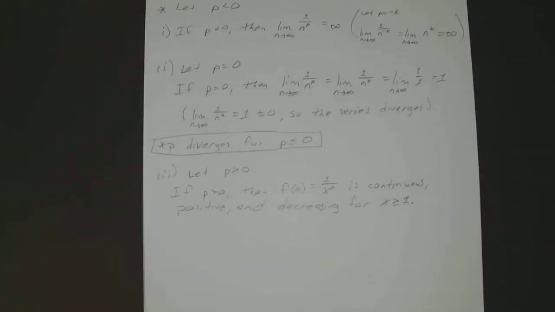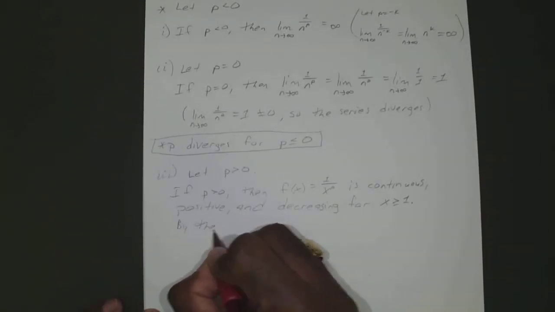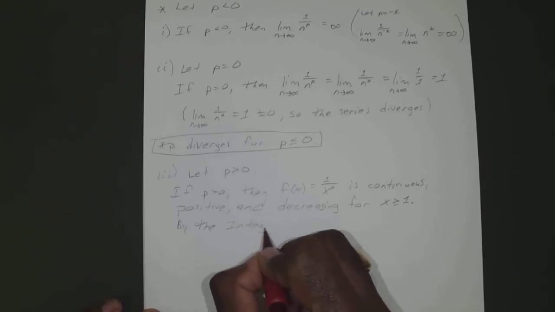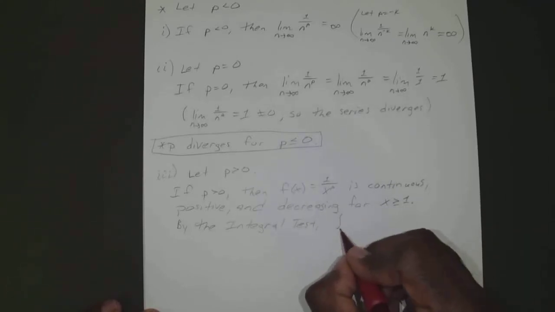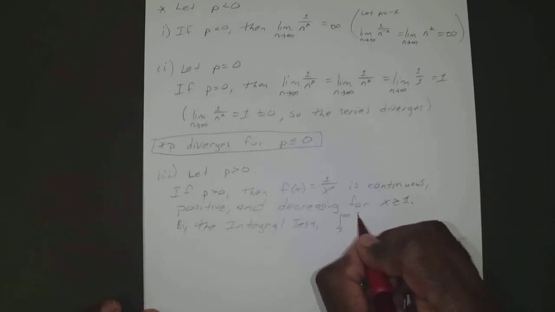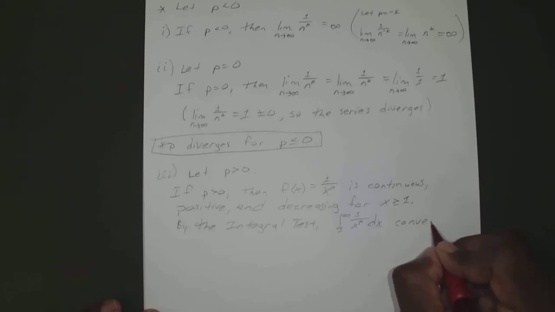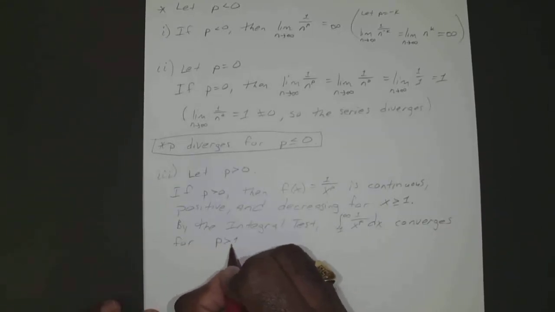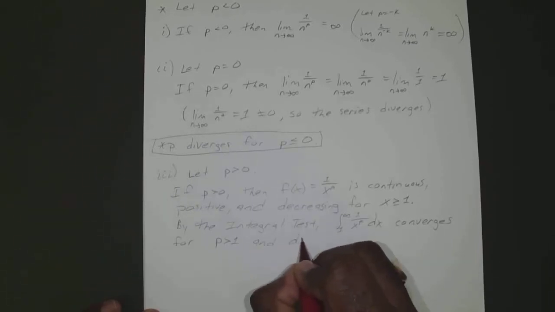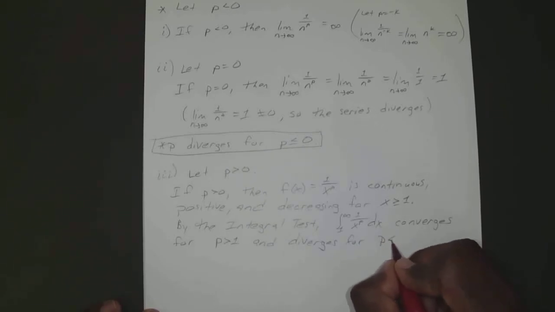Okay, so that means by the integral test, if you remember, the integral from 1 to infinity of 1 over x to the power p with respect to x converges for p greater than 1 and diverges for p less than or equal to 1.